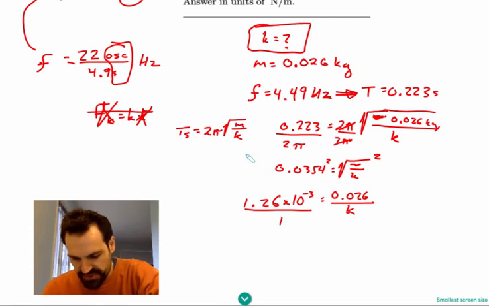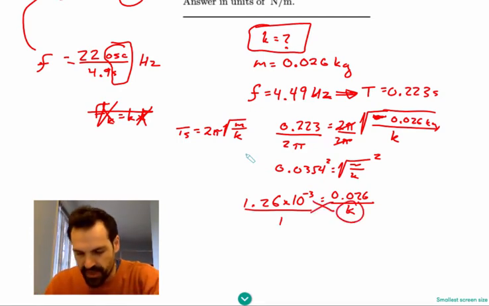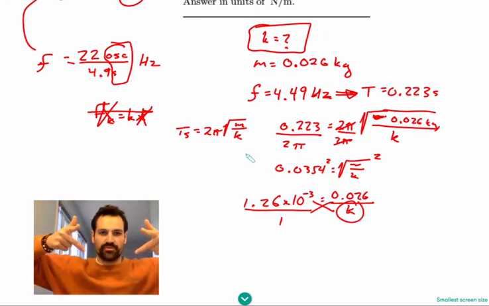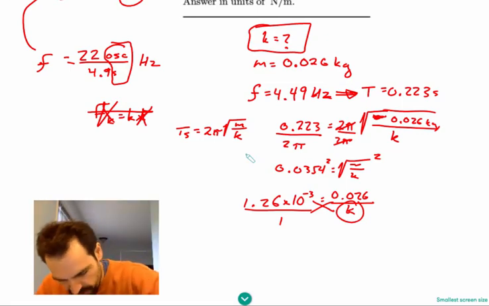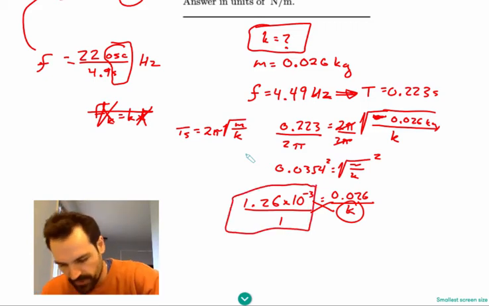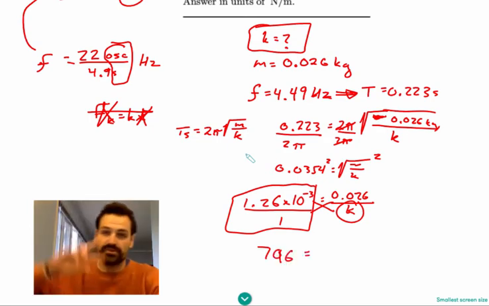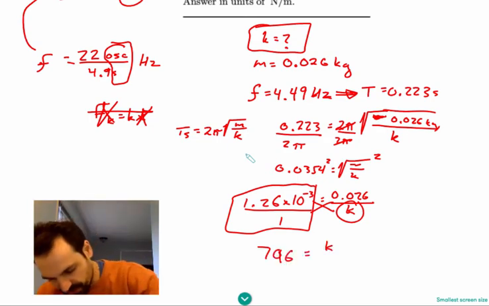At this point, if it's easier for you, you can cross multiply and then solve for k. But I like to just flip both sides of the equation. So I'm going to have 1 over 1.26 times 10 to the negative third, or 796, equals, and don't forget to flip the other side of your equation too, k over 0.026.